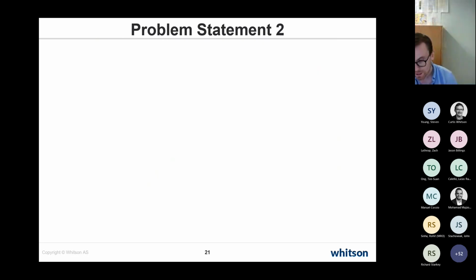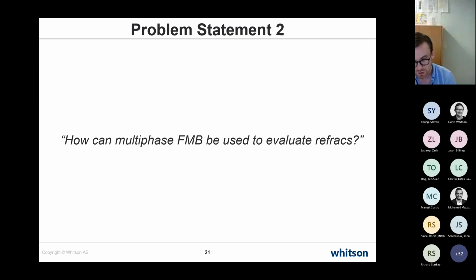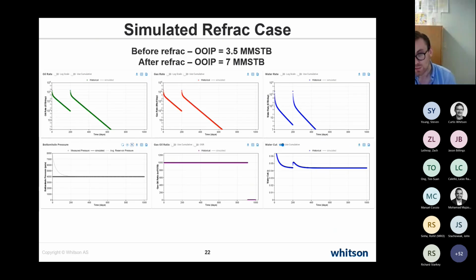The last point that I'll make before I bring it over to Tyler is using multi-phase FMB for a refract example, and it actually works very well for that as well. Here you have a simulated case where we're doing a refract after 200 days, and we're doubling the accessed pore volume after 200 days.